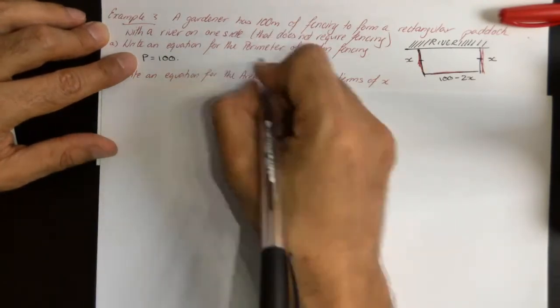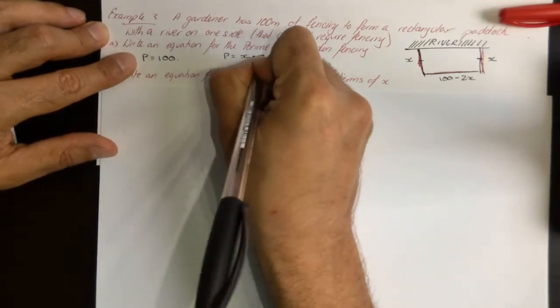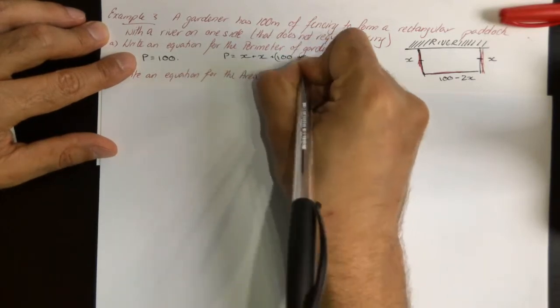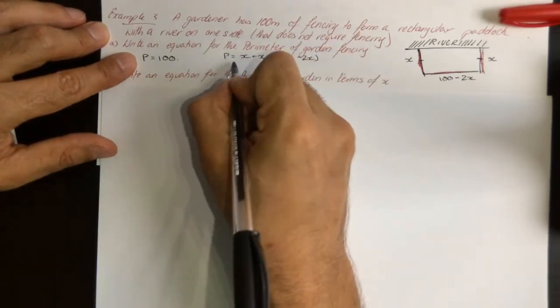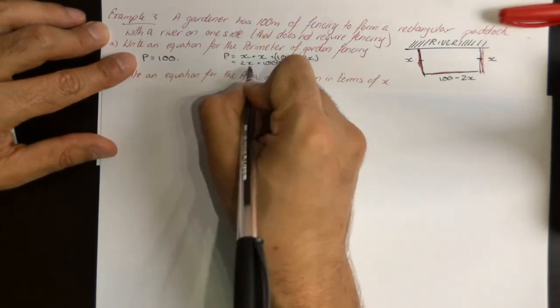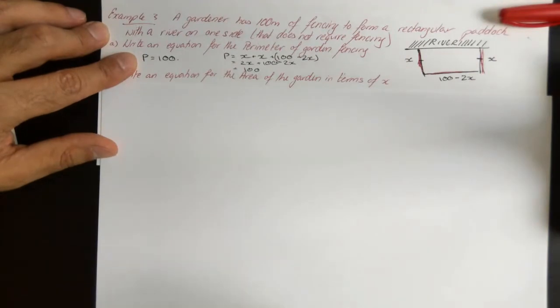And if we use p equals x plus x, which is 2x, plus 100 minus 2x, the 2x's cancel, comes back to p equals 100.